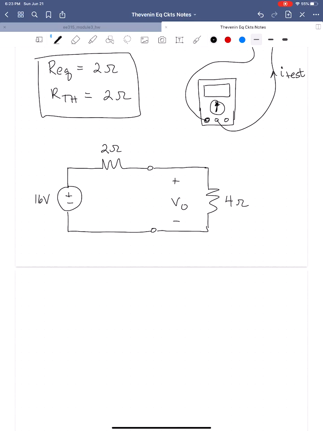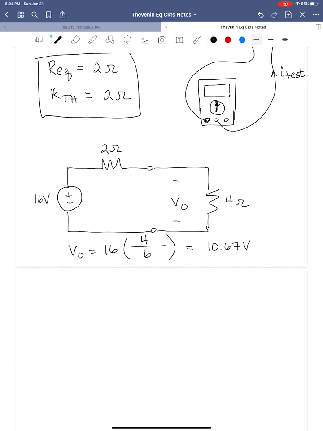And by voltage division, VO is equal to the total source voltage available to us, 16, multiplied by the resistor we want to know about, divided by the series combination of all the resistors, in this case 4 divided by 2 plus 4. And so this is going to be 10.67 volts.